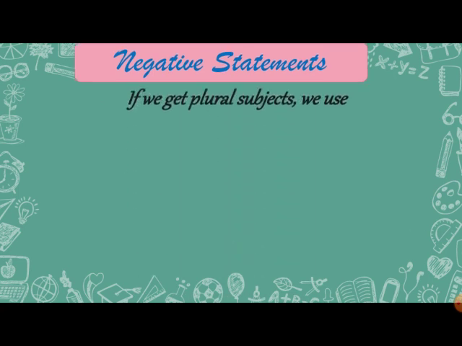But if the subject is plural, we use do not plus the root form of the verb. Remember this. Whether you are adding does or do, the verb will always be in the root form.